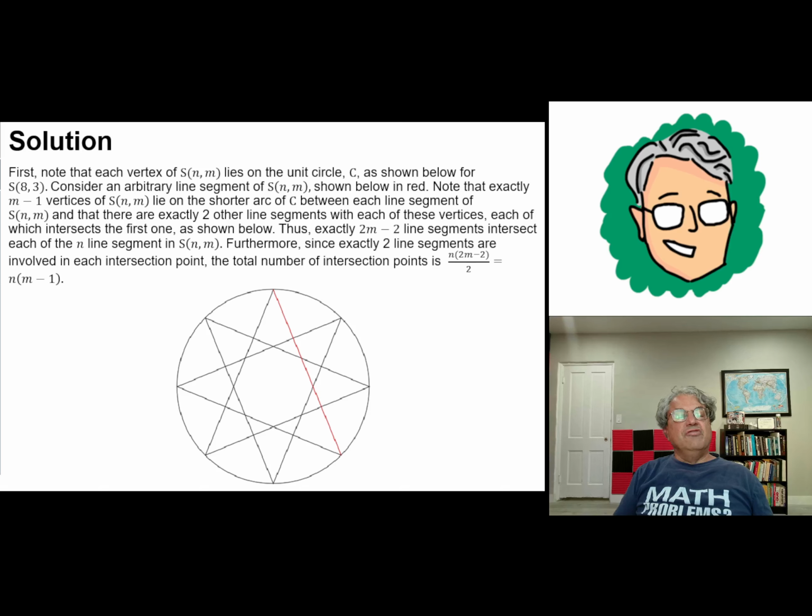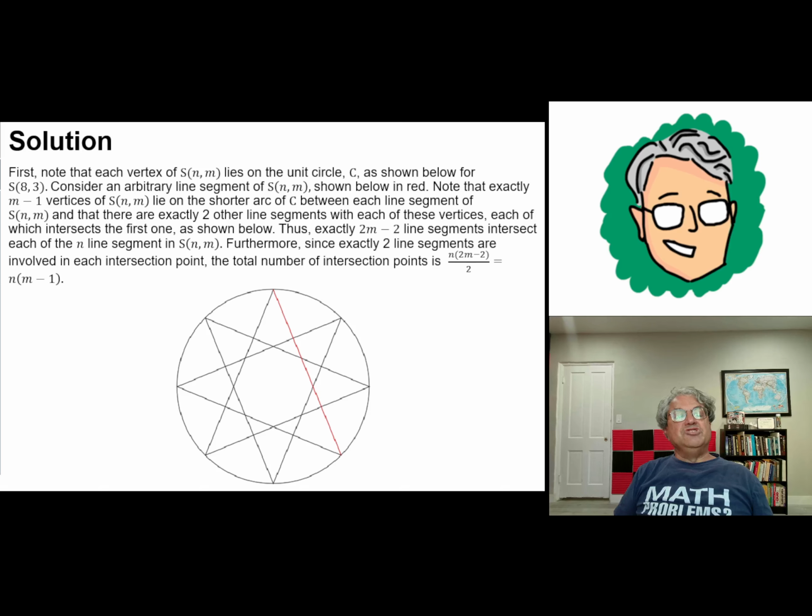There's a total of 3 vertices if you count them starting from, if you don't count the left vertex of this red line segment, you go 1, 2, 3, and then you end up at the right vertex. But we're not counting any vertices on the line segment. There are exactly 2 that are strictly between the 2 vertices at the ends of the red line segment.